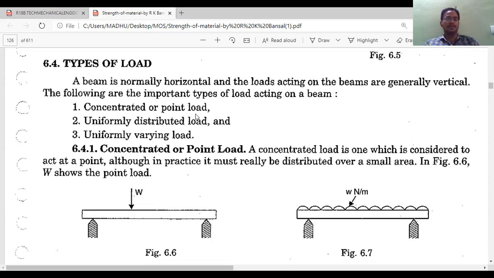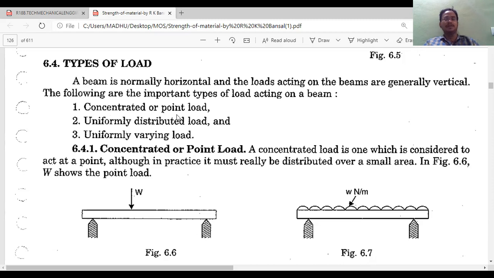Concentrated or point load, first one. Before that, we see that something is given here. A beam is normally horizontal, and the loads acting on the beam are generally vertical. This is the condition we should remember. A beam is a horizontal member placed over two supports, and the forces that are acting are vertical.